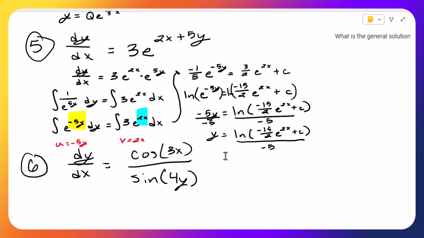Sorry, I'm just moving my thing down a little bit so I have space. Is there a way we can go further with this? I know I put our log rules on your cheat sheet, but I'm blanking, so I'm going to look it up really quickly. I suspect we can simplify this further.